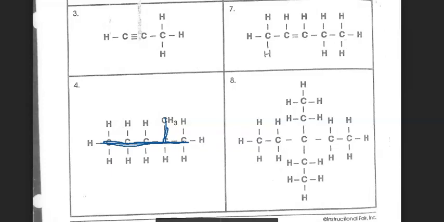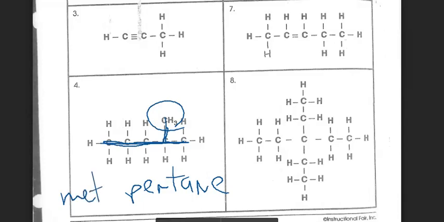The prefix then is pent, P-E-N-T, and we have all single bonds, so it's going to be a pentane. But now I have this CH3 group, that's our methyl group. So this is going to be methyl pentane. Now, pent is 5 carbons.